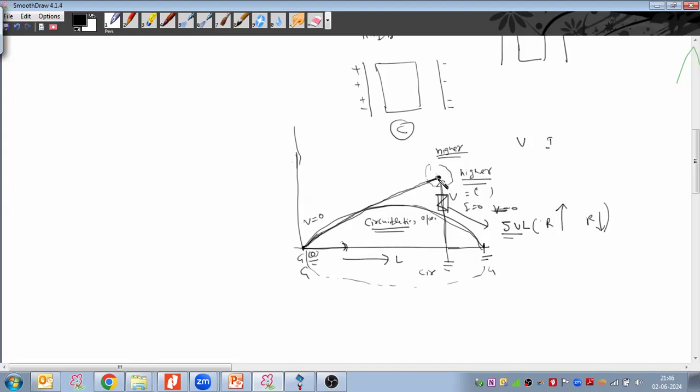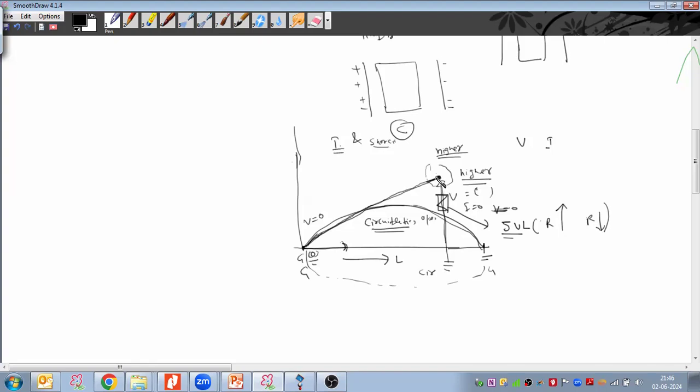But when the voltage on the sheath is induced very high, due to the transient and due to the short circuit current flowing in the conductor, the voltage may be induced very much higher.